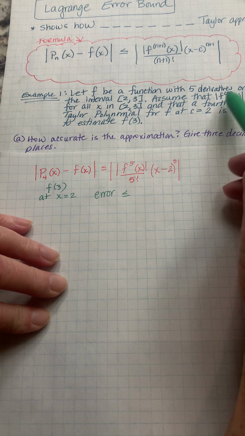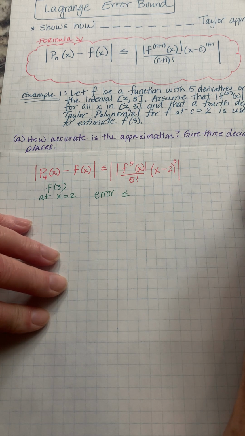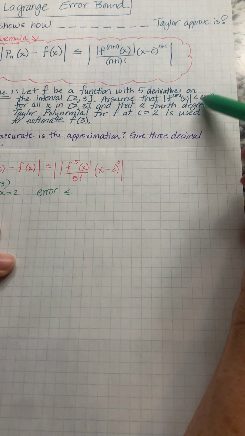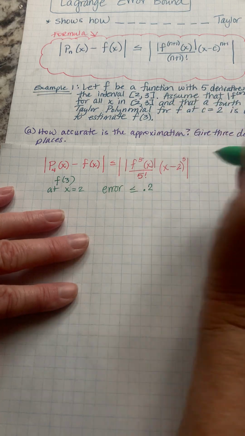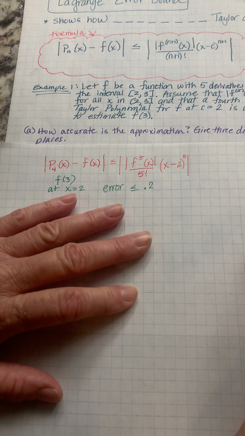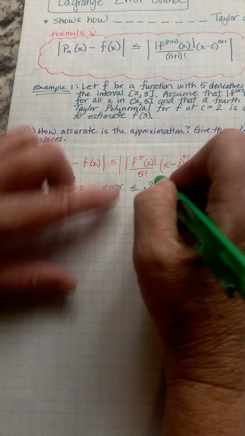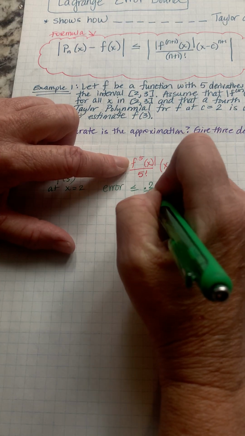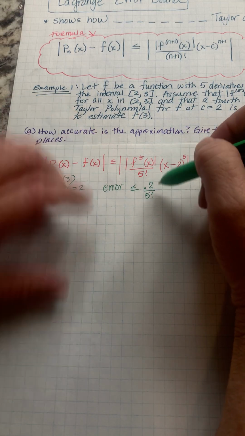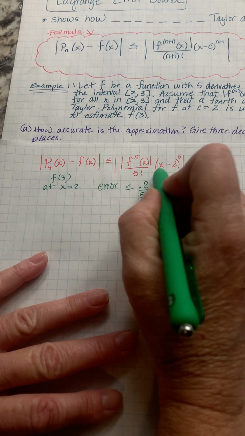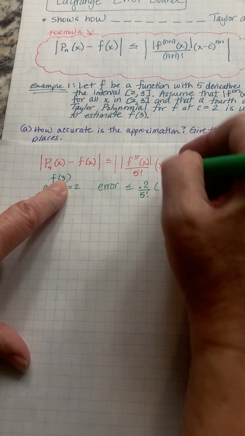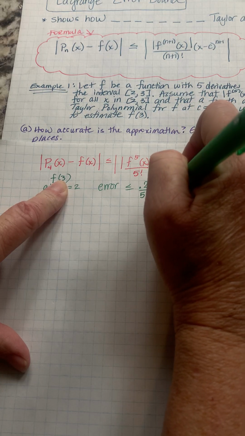Remember right here, they said the fifth derivative of x is less than 0.2. So I know it says less than 0.2, but we're going to go ahead and just use 0.2 because that's the only piece of information we have. So we know it's going to be less than or equal to that, 0.2. So I'm plugging in there. Over 5 factorial. I don't need the absolute value because it's already positive. And then instead of x minus 2 to the fifth, we're going to plug in the 3 for x.